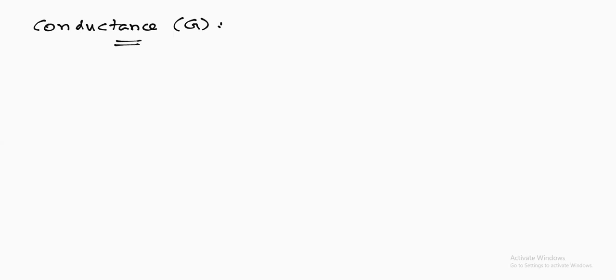What is conductance actually? It is the ability of a material to allow the passage of charge through the material. It is found that conductance is inversely proportional to the resistance offered by the material. Take down: mathematically, conductance is nothing but the reciprocal of resistance.